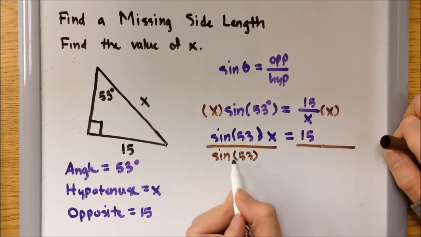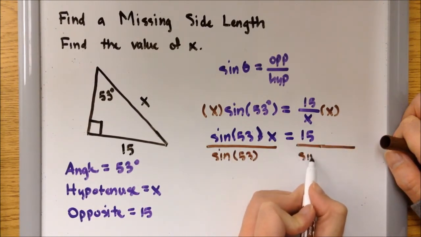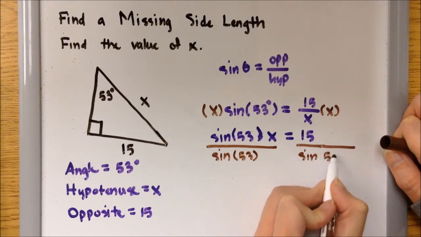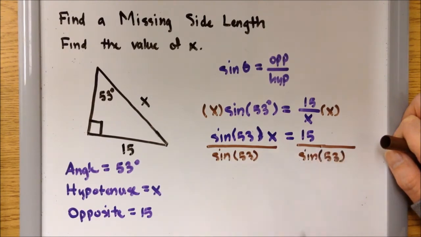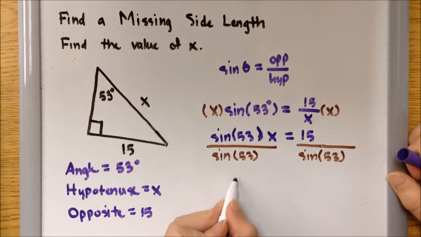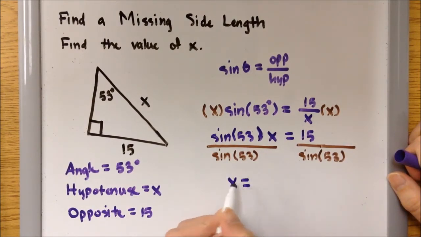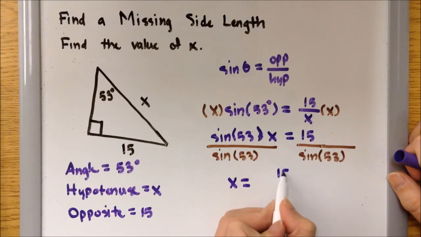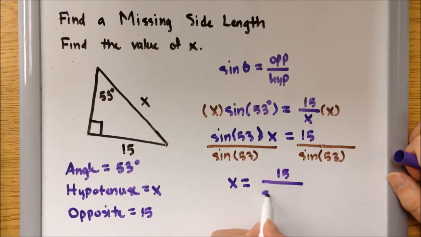So since I divided on the left side, I do it on the right side. So now, on the left side, x sine 53 divided by sine 53 will be just x. On the right side, it would be 15 over sine 53.